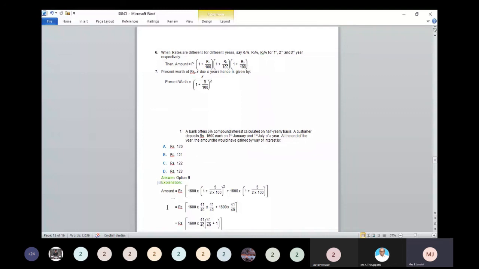Next, plus, in the month of July he deposited the same amount, 1600. So the formula is 1600 into 1 plus 5 by 2 into 100.